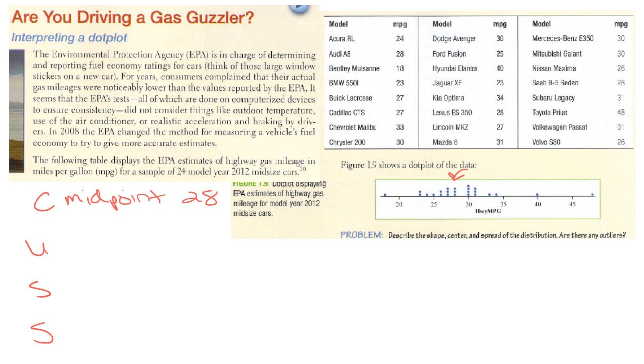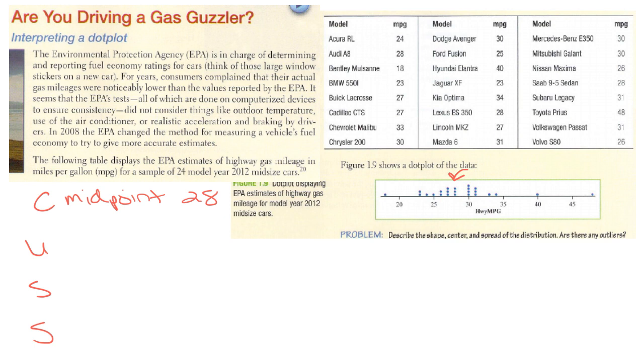So again, when you're solving these problems, you're going to want to put your context in there, somewhere in this CUSS acronym. You needed to have addressed that you're talking about 2012 mid-size cars and how many miles per gallon they are getting on the highway to be able to receive full credit.